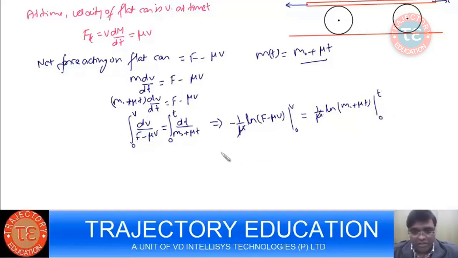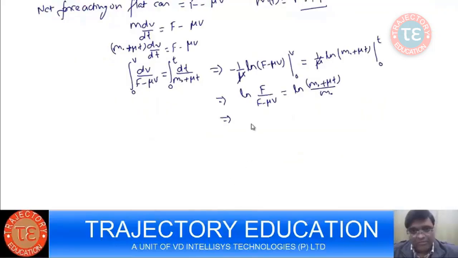So this mu and mu will cancel out. So this comes out to be log of F by F minus mu v, absorbing the minus sign inside, equals log of m0 plus mu t upon m0.